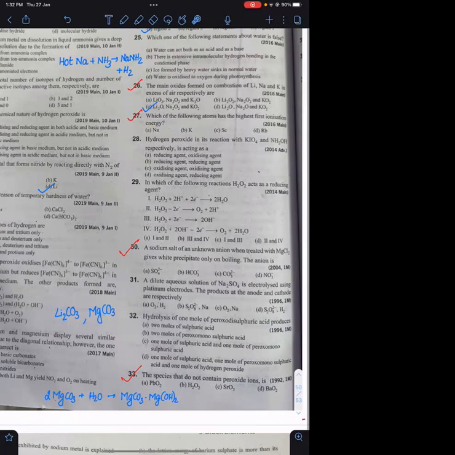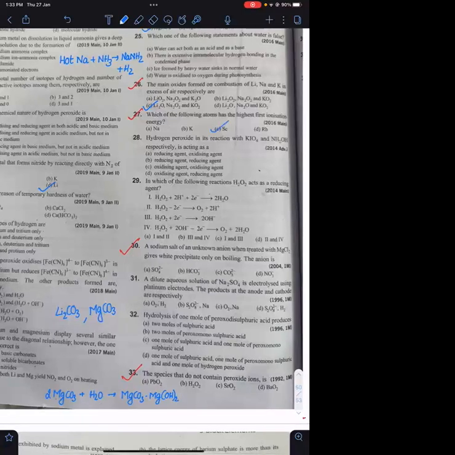Sodium, potassium, rubidium में तो down the group the ionization energy decreases, इसलिए metallic strength increases.